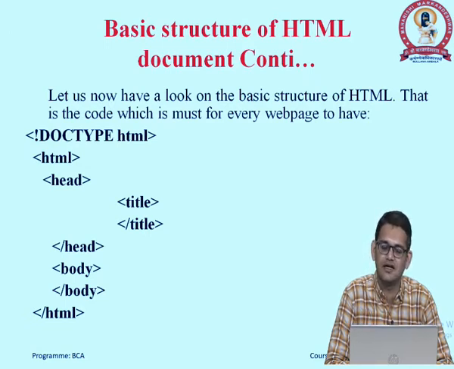The head tag contains the title and other tags. What other tags can be added in the head tag we are going to see in detail in the upcoming slides. Title can be anything, like this is my website abc.com, or any name of the website, and the title is shown at the top of the page, right.